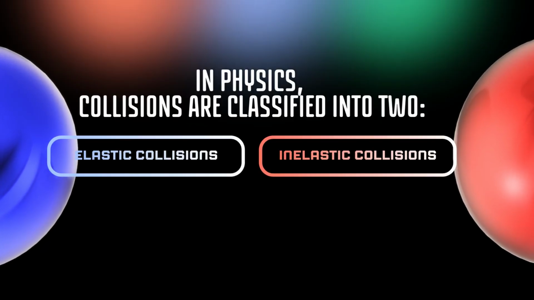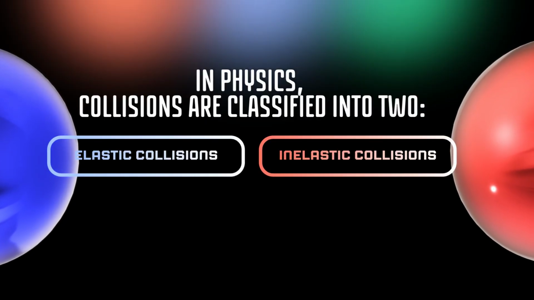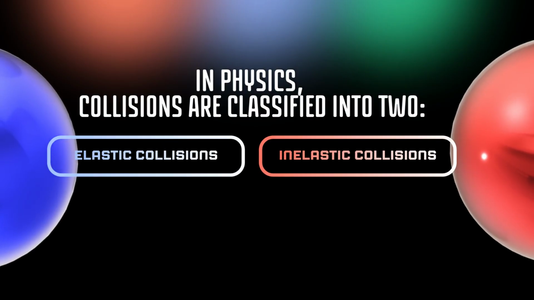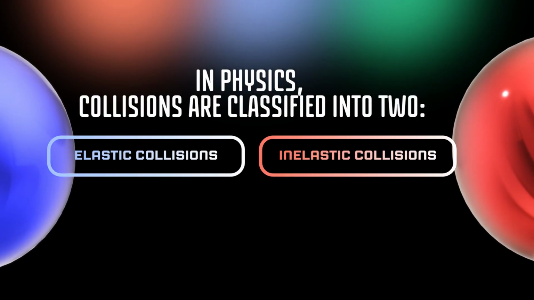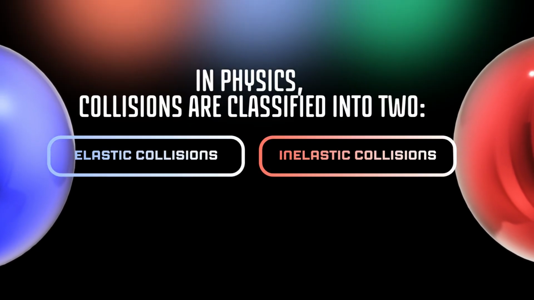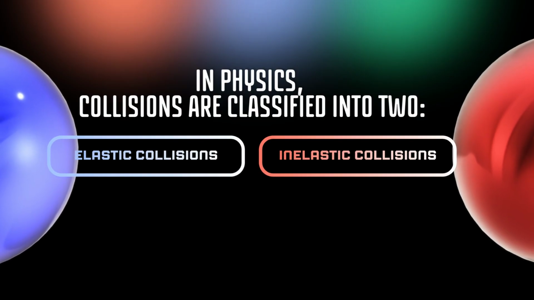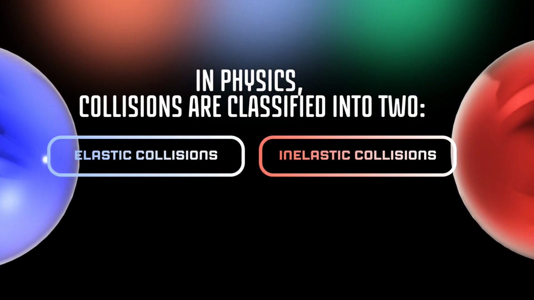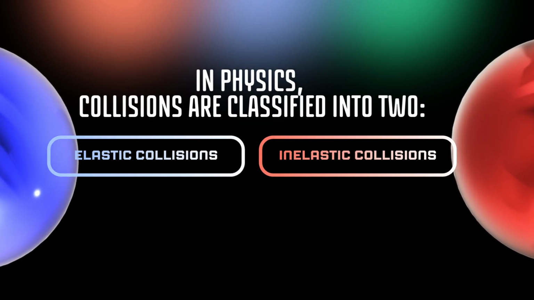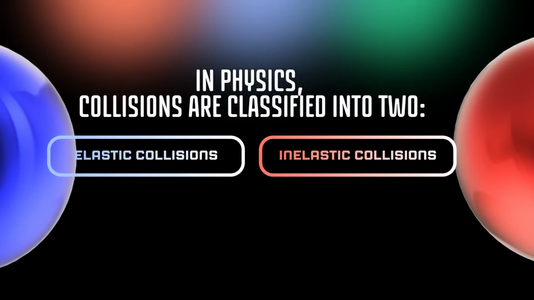On the other hand, inelastic collisions involve the conservation of momentum only. Kinetic energy is not conserved because some of it is transformed into other forms of energy, like thermal or sound. In a completely inelastic collision, the colliding objects stick together after impact, moving as a single mass.